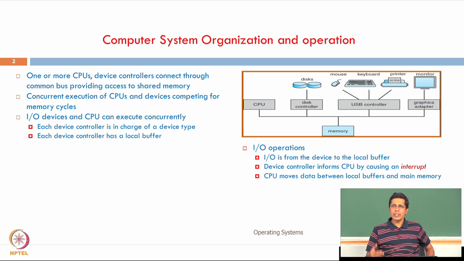So, who will inform the CPU? The device controller will inform the CPU. If, for example, the keyboard wants to talk to the CPU, then through the USB controller it can basically send an interrupt to the CPU saying that it has some data which the CPU can use. Now, the CPU will be responsible for taking that data from the device controller and basically using it.